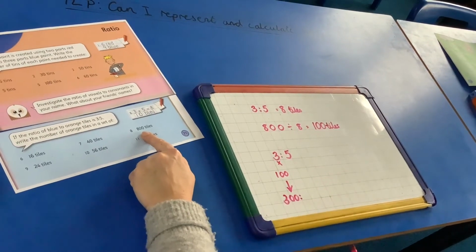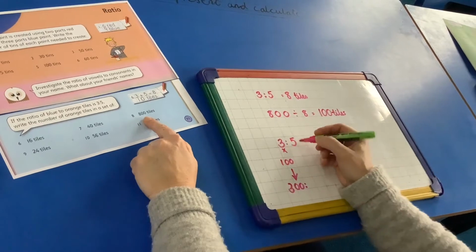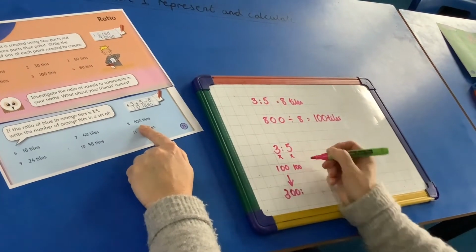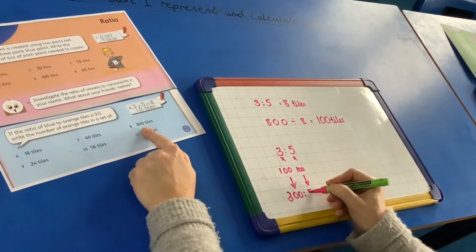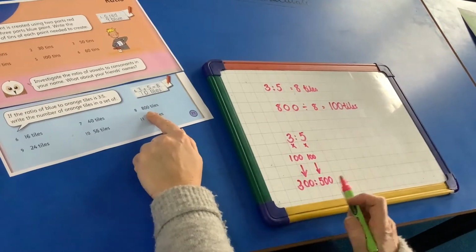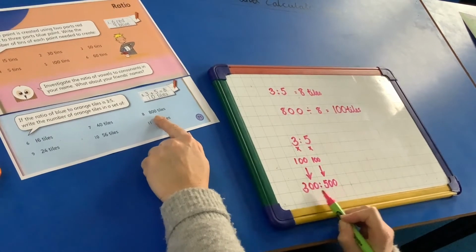Sorry, I'm not using my squares very well, but... And this one, again, do exactly the same. So I'm keeping the ratio the same. Okay, multiply it out. 500, okay? And you'll notice that the total number of tiles here is 800.